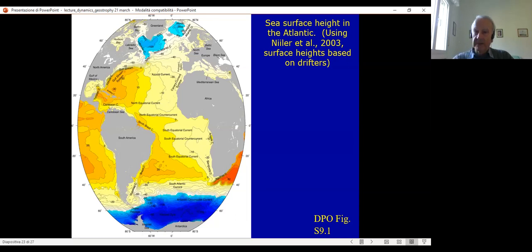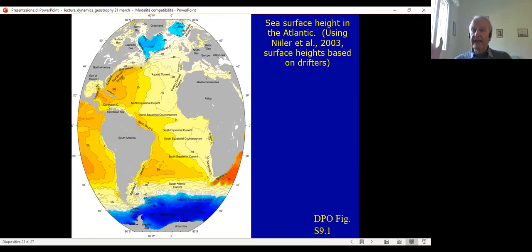For example, here we have the example of the Atlantic Ocean. And then you do the inverse operation. You start with the flow. On the left-hand side, you have f v, the Coriolis parameter, the Coriolis force. On the right-hand side, you have the horizontal pressure gradient due to the sea level.